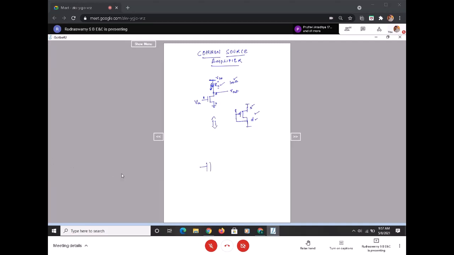This is my NMOS, with the gate, the source, the drain, and this is connected to this. And now I have a PMOS, which is now sitting at top, the source, the drain, and now it is not acting as an active device, even though it is an active device, but it has to play the part of a resistance.